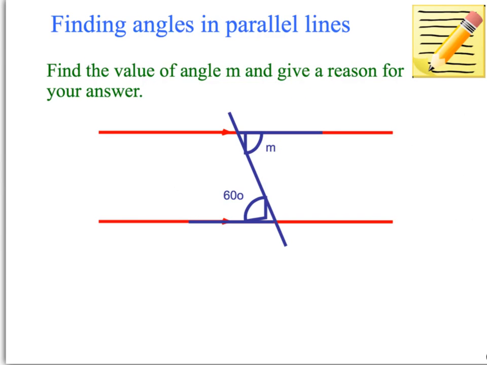Now, we need to use our knowledge of the angles as well to find the value this time of the M angle. And you need to give a reason, and the reason is the symbol that you need to show. Now you can see on these ones that I'm going to show you what the symbol should be. In this one you can see that it's the Z shape, a little backward Z shape in this case. So what would that one be?